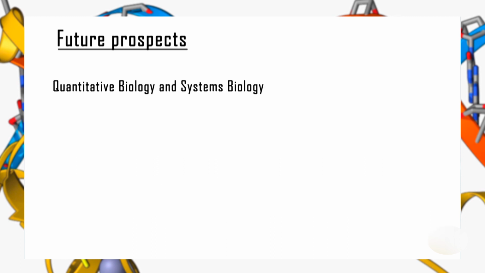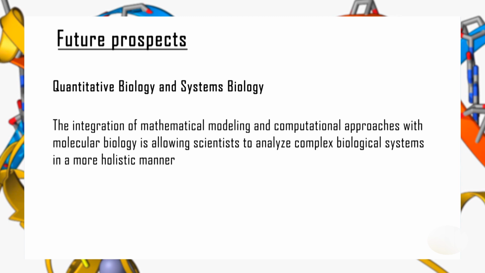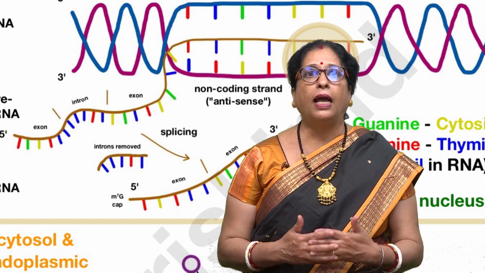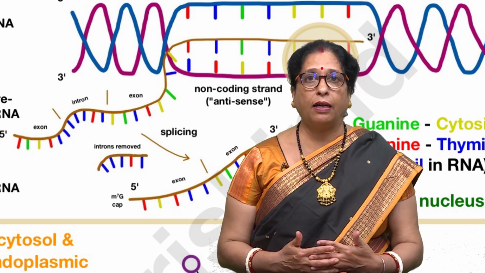It is used in quantitative biology and systems biology also. The integration of mathematical modeling and computational approaches with molecular biology is allowing scientists to analyze complex biological systems in a more holistic manner. Future prospects of transcription and translation, I am repeating again.